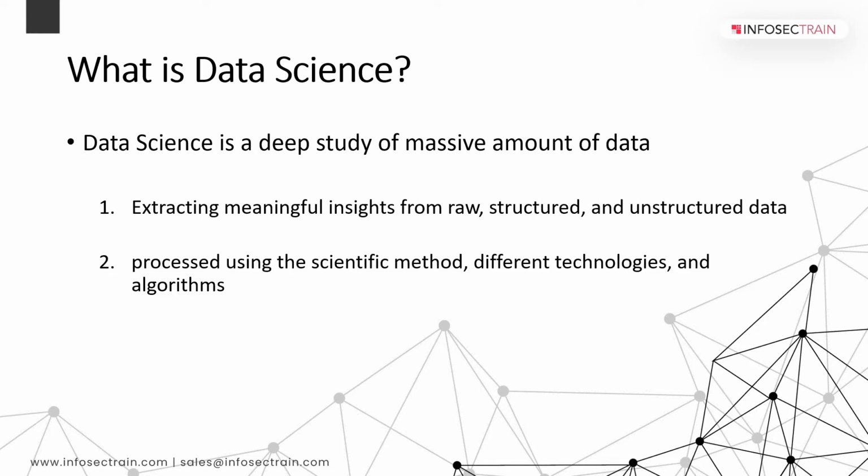Nowadays data is too big, and each and every moment data is being generated, so we call it massive data or big data. We apply data science on it to extract meaningful insights from any type of data: raw data, structured data, and unstructured data as well.